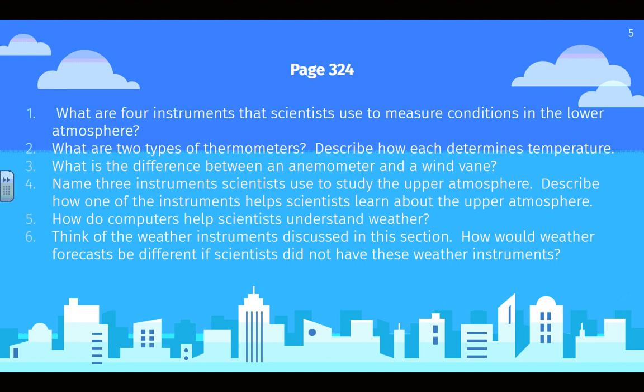Scientists would be more dependent on observations of events in the atmosphere.